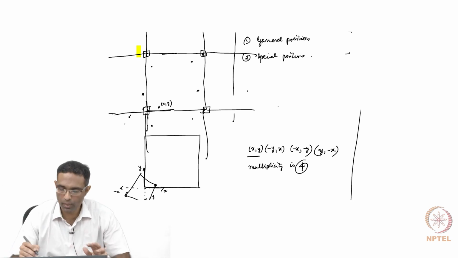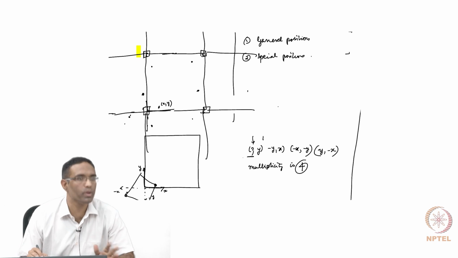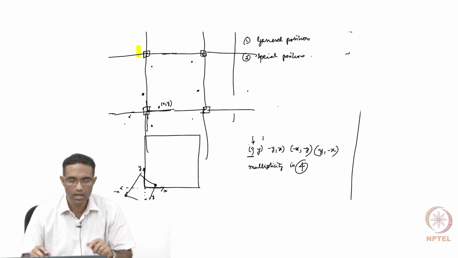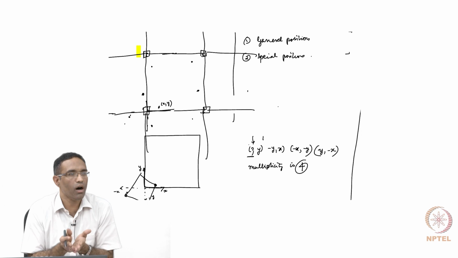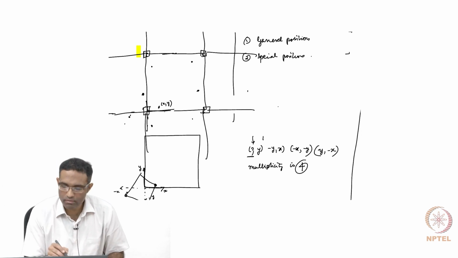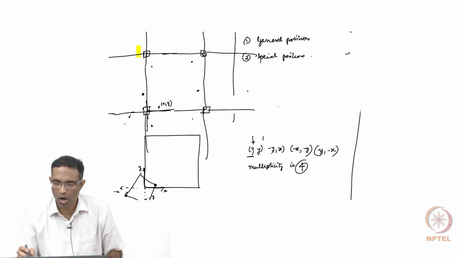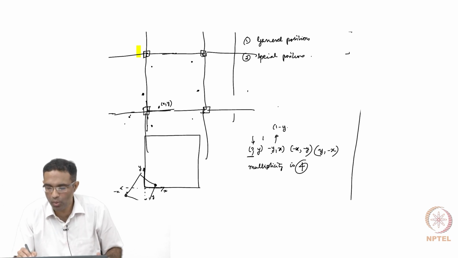Okay. Consequently, these are all fractional coordinates of the atoms. They are not the actual x, y, z coordinates. I should have mentioned that. They are the fractional coordinates of the atoms inside the unit cell. So, after you apply this operation, if you get minus y and x, all it means is there is an atom located inside the same unit cell with coordinate 1 minus y comma x.